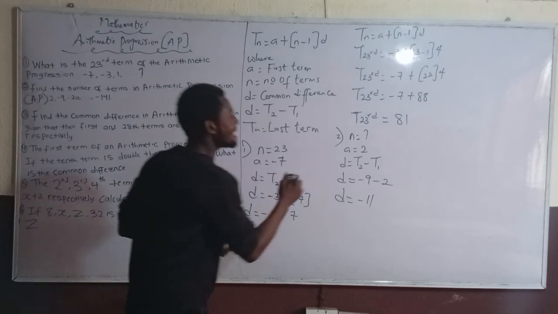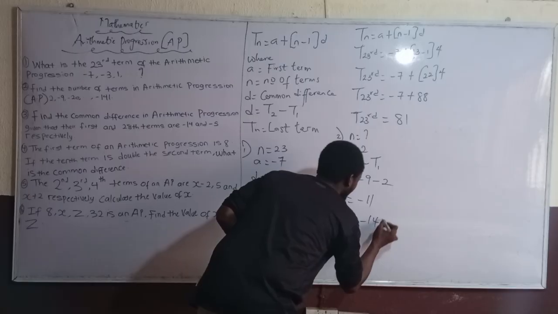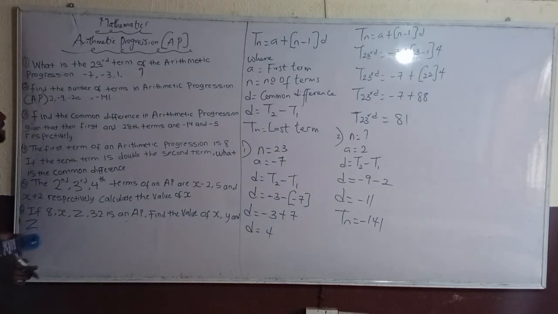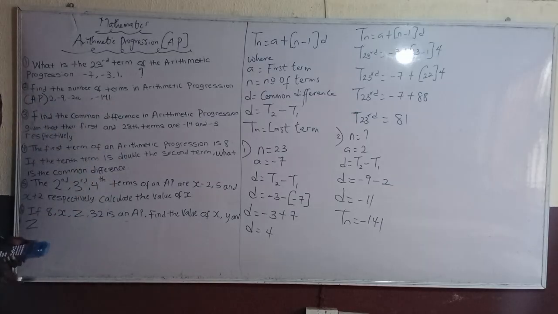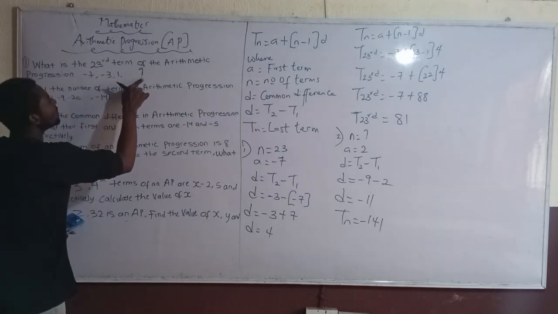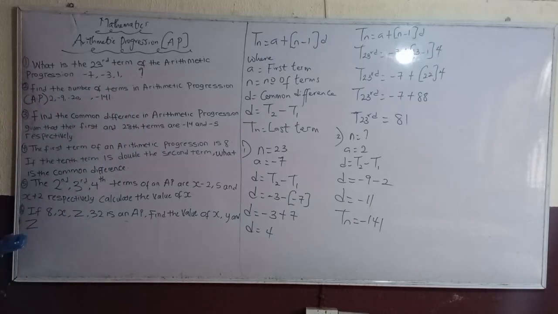And my last term, Tn, is what? Minus 141. Now, in your arithmetic progression, any number you have after the dots is your what? Last term. That means if there were to be a number here, here will be my last term. This is also my what? Last term.